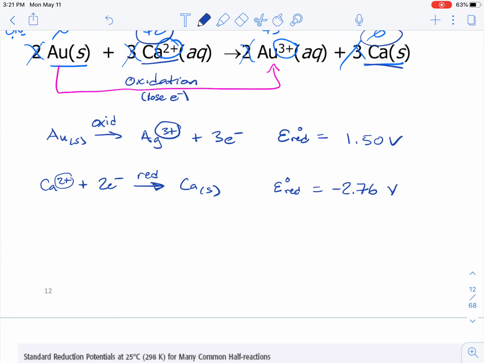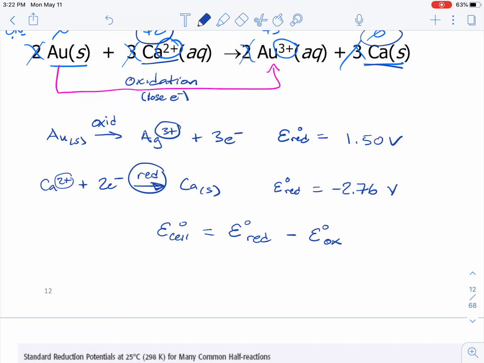All right, so I'm going to expedite this calculation by using this equation. I can determine the standard cell potential by simply taking the difference between the reduction potential minus the oxidation potential.